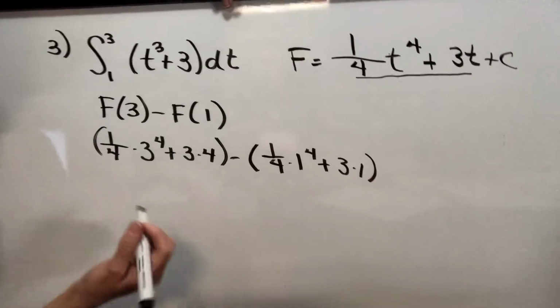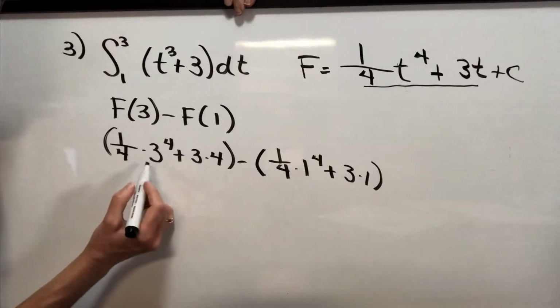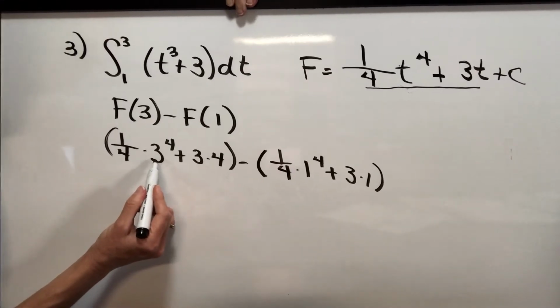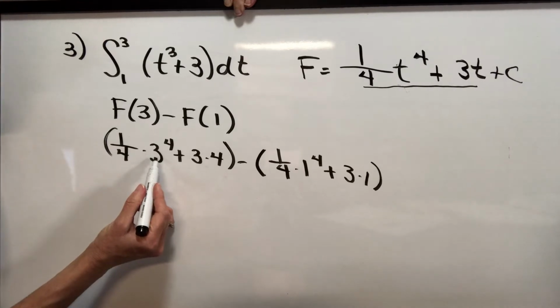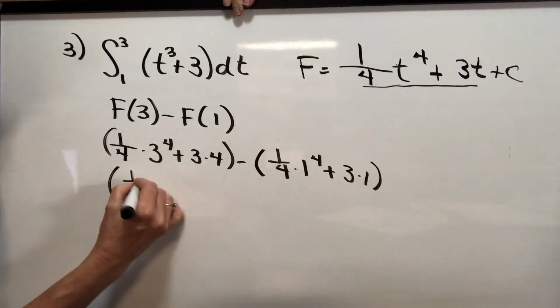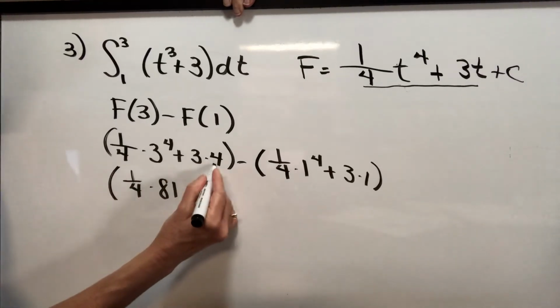Again, you can use a calculator if you like. I'm not going to juggle a calculator while holding this whiteboard, so I'm going to do it by hand. 3 to the 4th power means 3 times 3 times 3 times 3, so that's 81, and 1/4 times 81. And 3 times 3 is 9, of course.